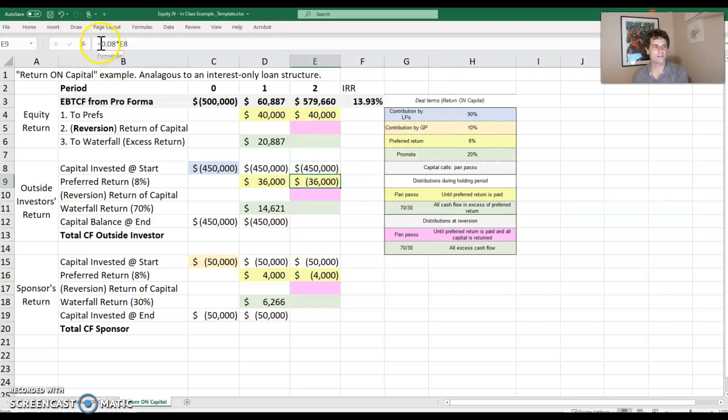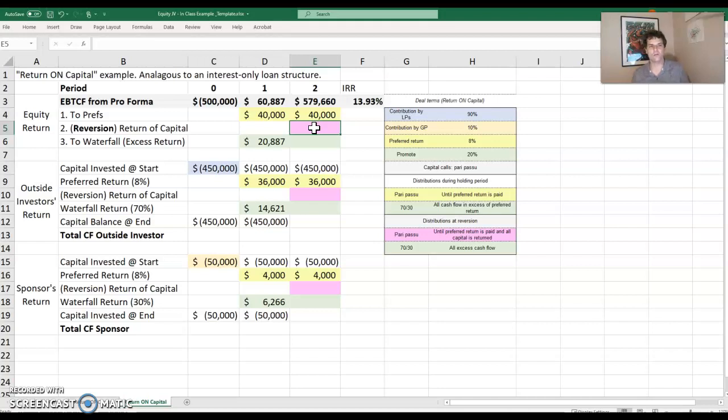Make these positive so I can add numbers in the end. Again, I like to keep positive cash flows to the investors as positive numbers. Now what's left? We've paid $40,000 to preferred returns. We have $539,000 left. The next thing we have to do is return capital.